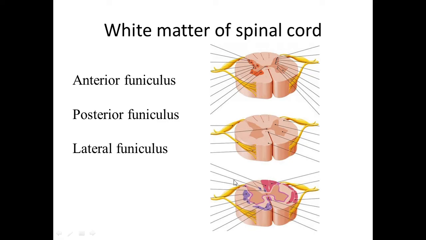Now outside the central gray matter there is white matter. This white matter consists of nerve fibers or tracts, in around 5 groups. Which are the 5 groups of nerve fibers in the white matter?